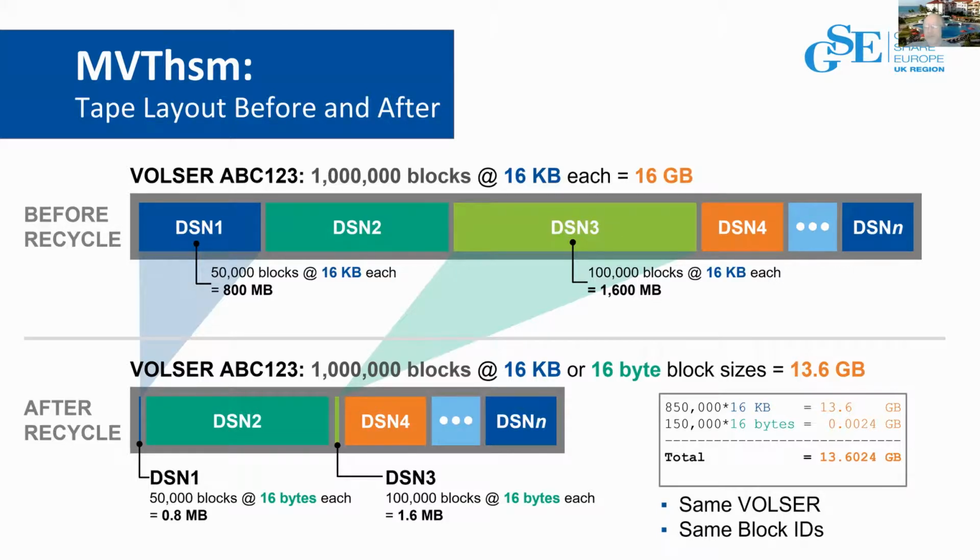Those blocks are 16 kilobytes each, 16 gig. Before the recycle, you've actually deleted out of your catalog on the mainframe everything that was in DSN1, everything that was in DSN3, but the rest of the files on here are good.